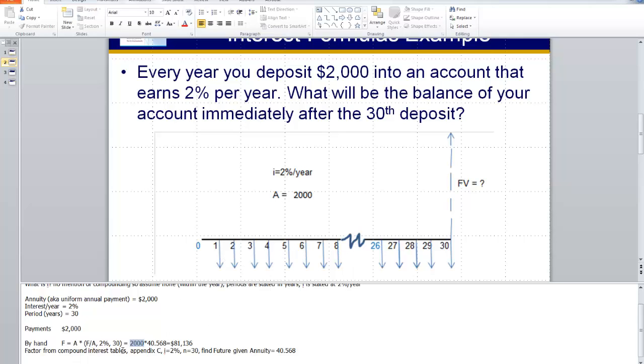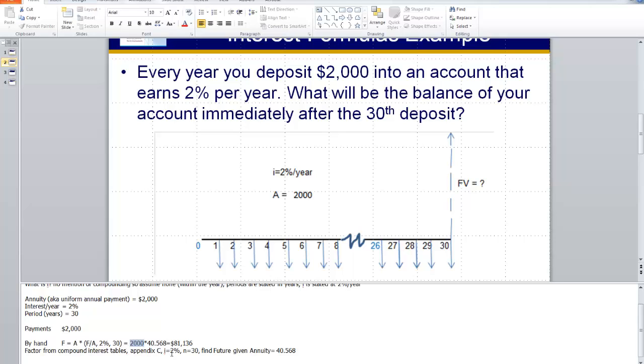And again, we go to the compound interest tables. If you prefer to use the formula, refer to the inside front cover of your book, or I believe it's Chapter 4 where the formula is. These are relatively hairy and complex, so that's why I prefer to use the compound factors in the table.